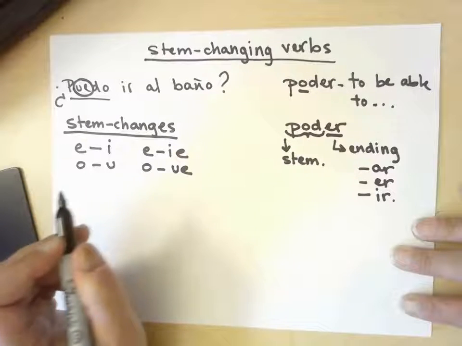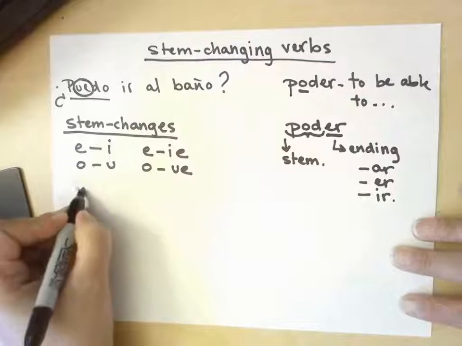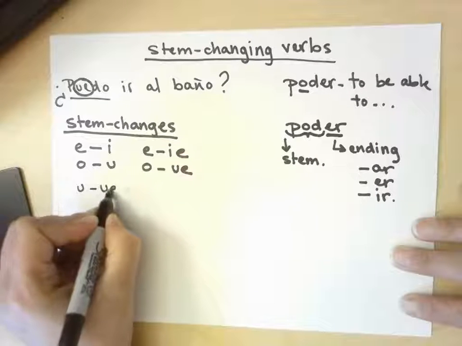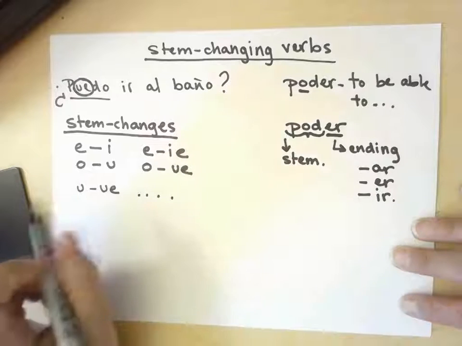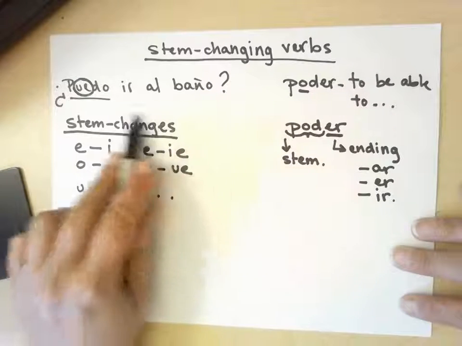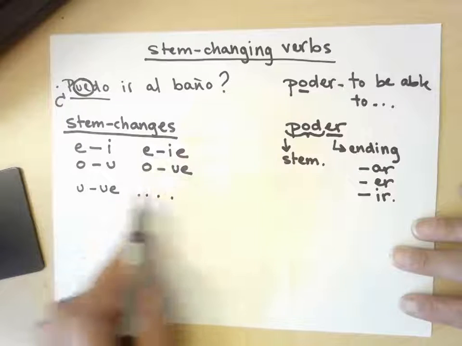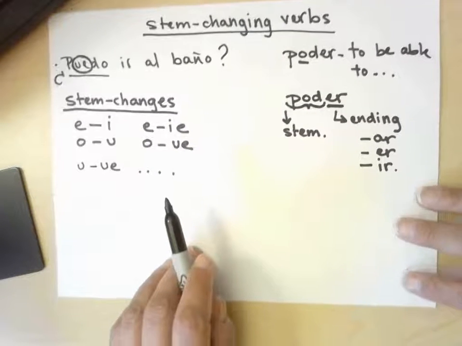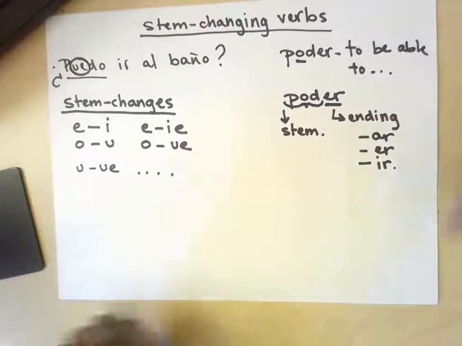There are other ones that are a little bit less popular. One of them is U to UE. And there are many more. But for the moment, the ones that we are going to be looking at for the remainder of the year are going to be of this type. Okay? Now, what does a stem changing verb mean?